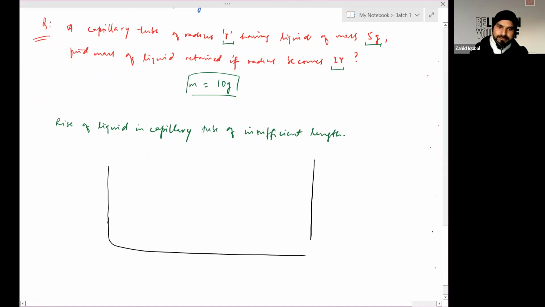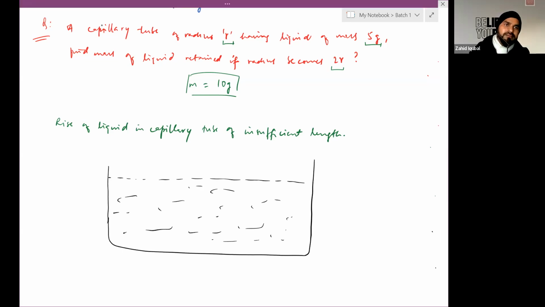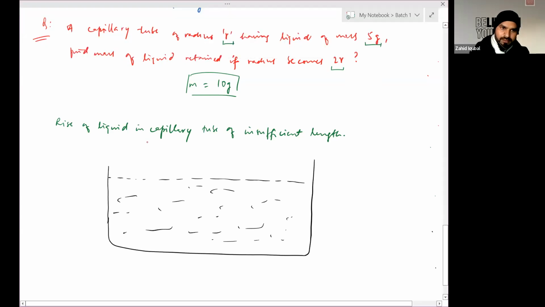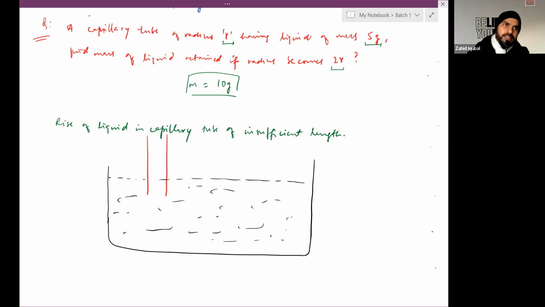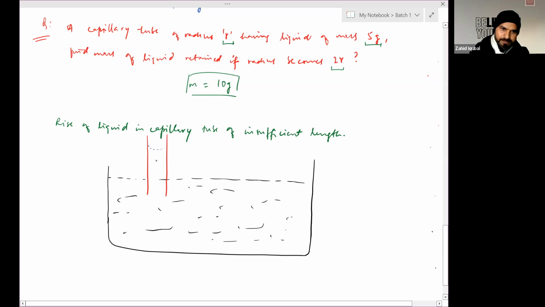Suppose there is a tube in which the level of liquid may rise up to this point, height h.